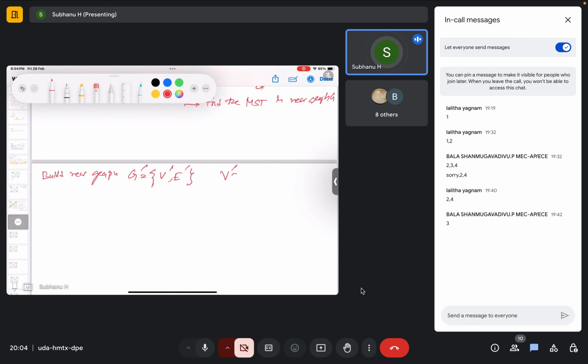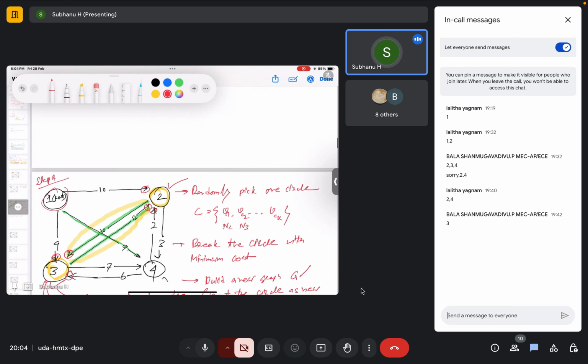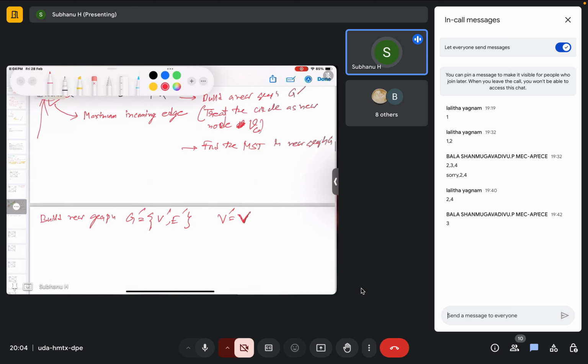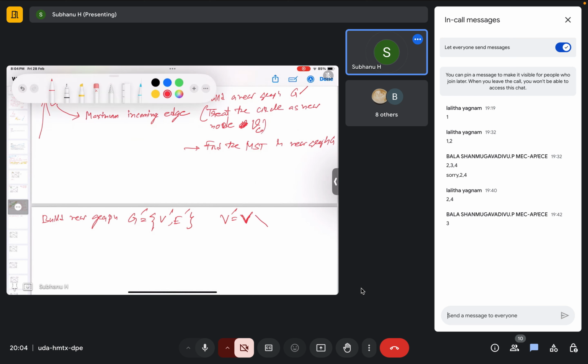With vertices, this V dash is, we have the old vertices 1, 2, 3, and 4. From there, I subtract the circle corresponding vertices. So for each edge, now what I have to do?